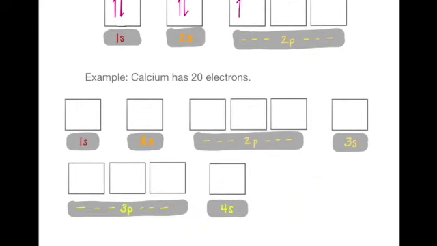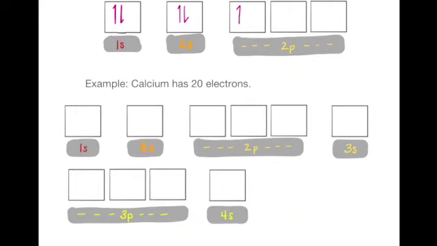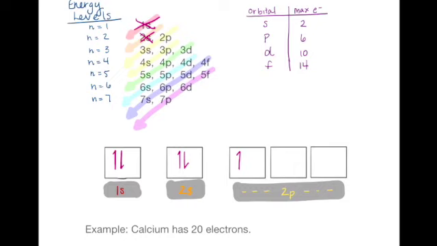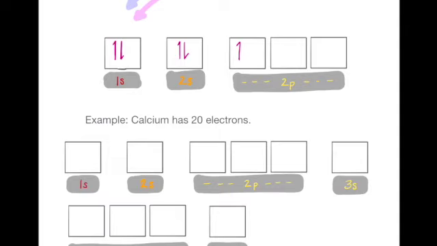For the next one, we have calcium. Calcium is the 20th element, meaning it has 20 protons, and because it is neutral, we have 20 electrons. We're going to start again at the 1s, and the s orbital can hold 2. Each of these boxes can hold 2 electrons, so we put them in opposite directions.